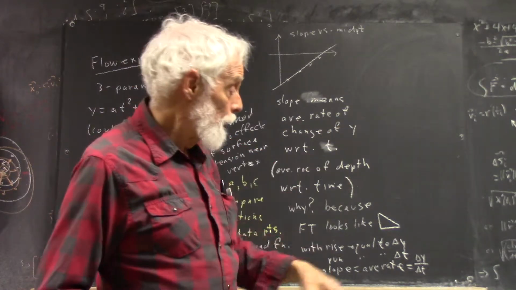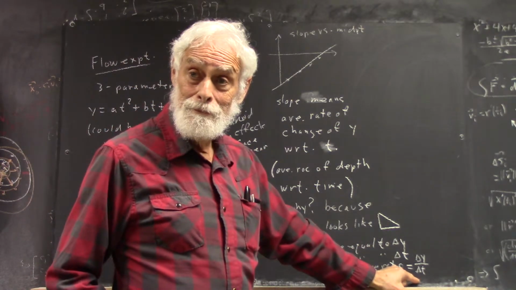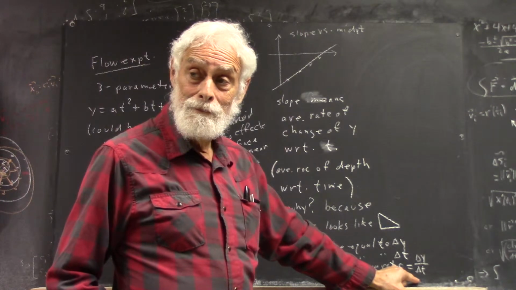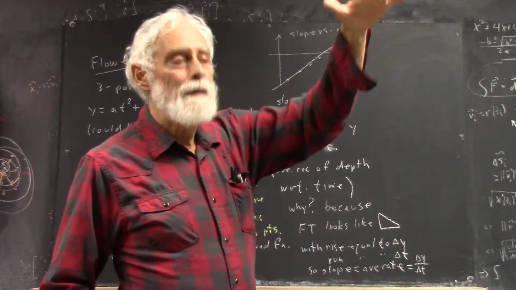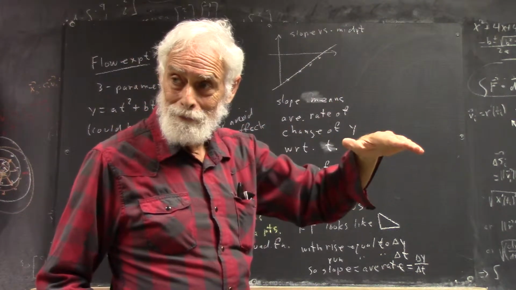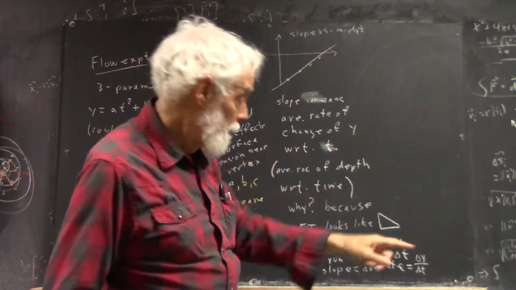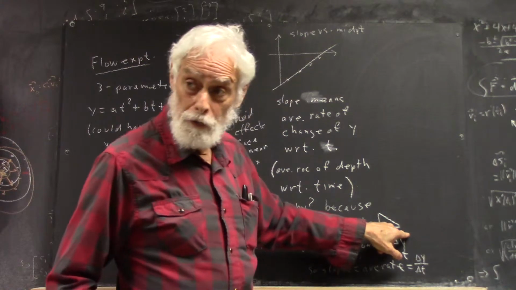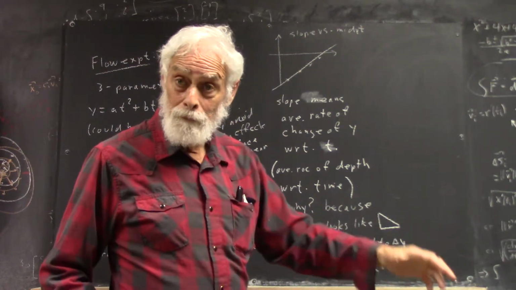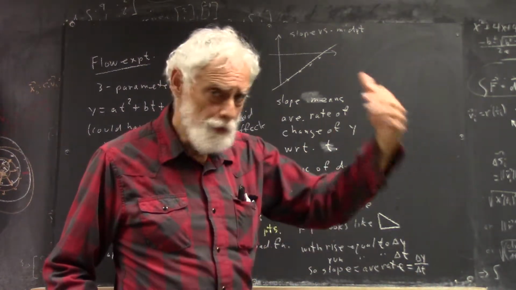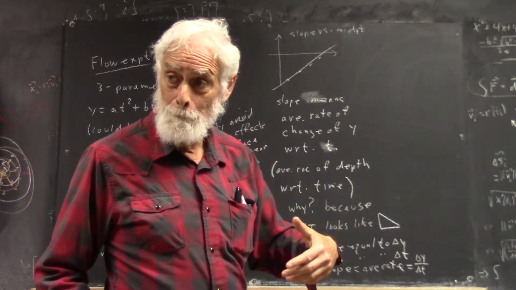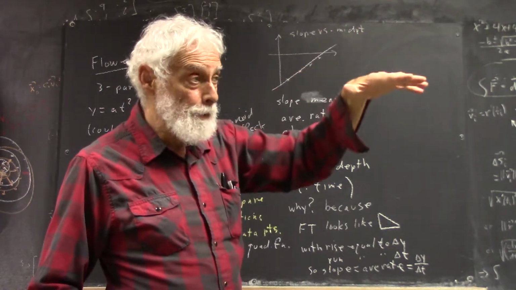So your change in T is what? Let's say you go from 10 seconds to 30 seconds. What's the change in T? 20 seconds. That would be the run of your fundamental triangle on the interval from 10 seconds to 30 seconds. Now what's happening to the depth during that time?